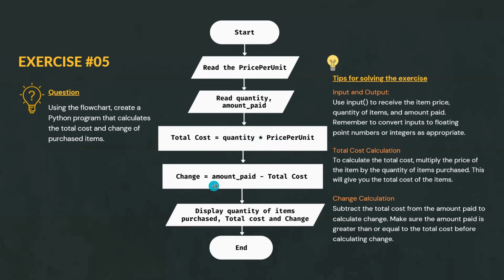And then you will calculate the change as amount paid minus total cost. And then you will display the quantity of items purchased and total cost and even the change. And that's the end. It's pretty simple. Let's go through this carefully so that you really get how each part exactly works in Python. And yeah, let's get the user inputs first.